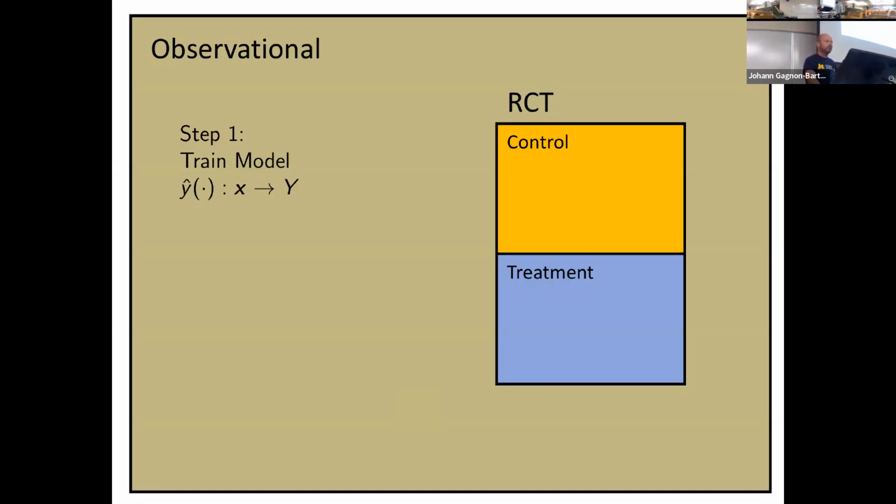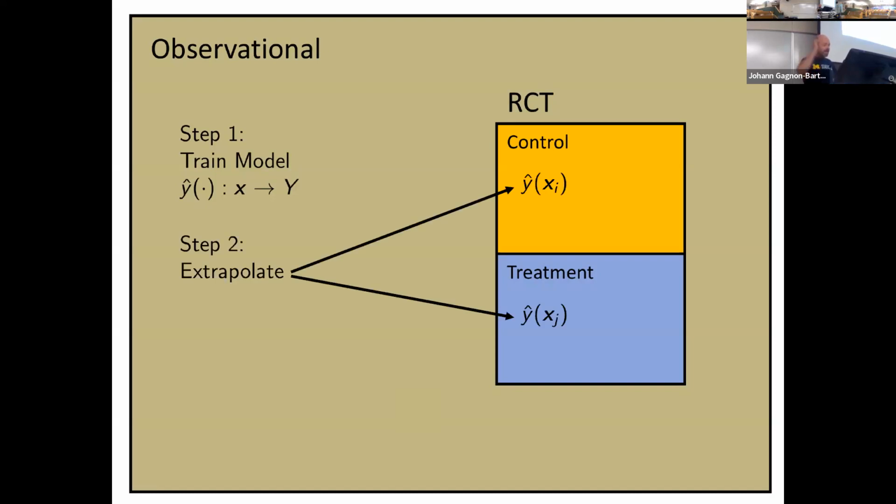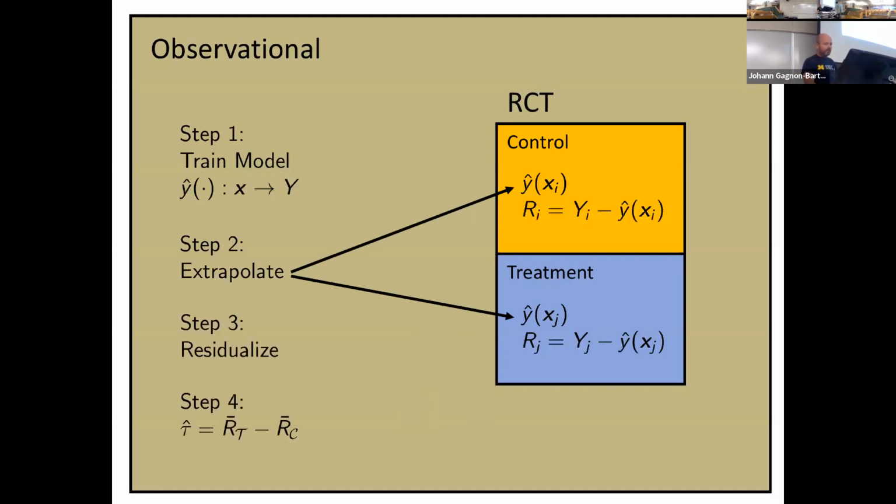So you set some sort of model to predict outcomes from covariates. You then take that model and apply it to everybody in the RCT, so that you have predicted outcomes for everybody in the RCT. And then you residualize, so subtract off the predicted outcomes from the actual outcomes. And then you perform your analysis, the difference in means, on the residuals rather than the original outcomes.